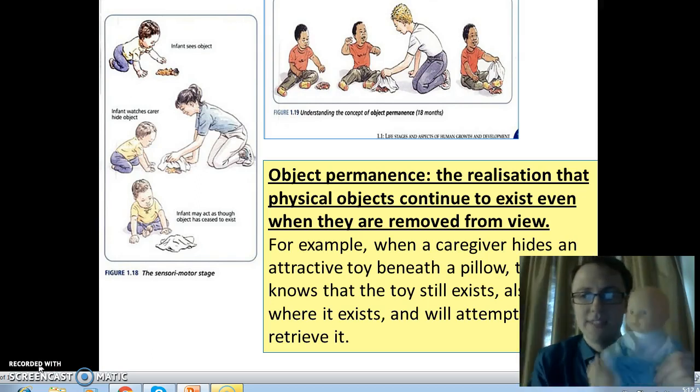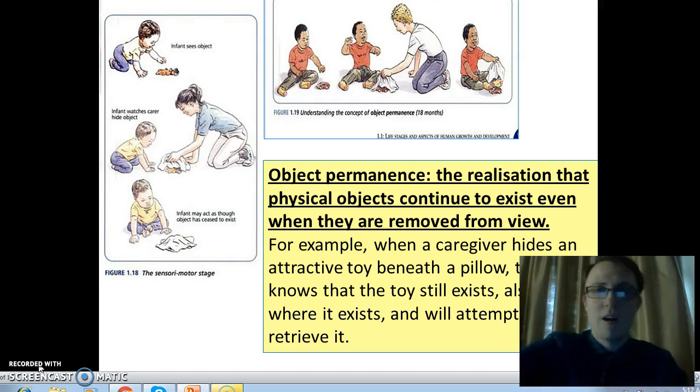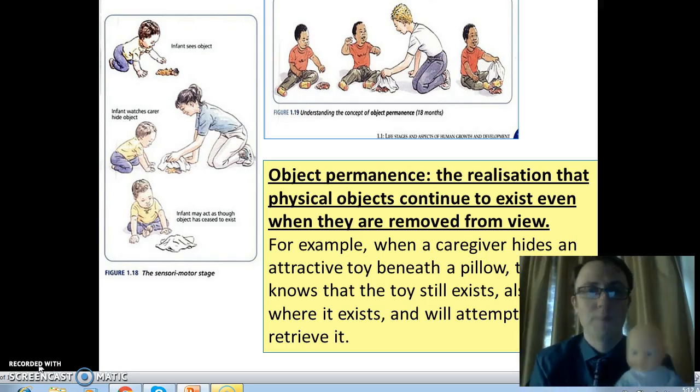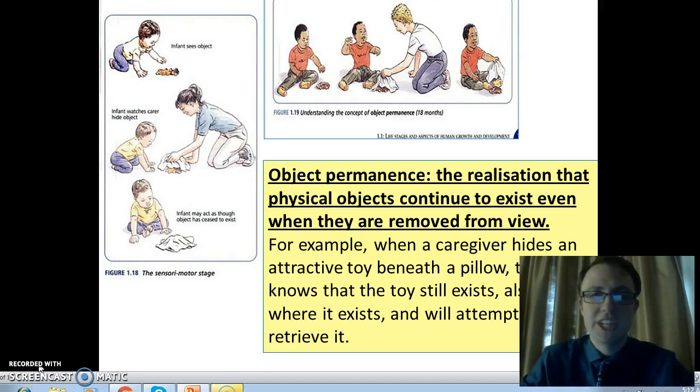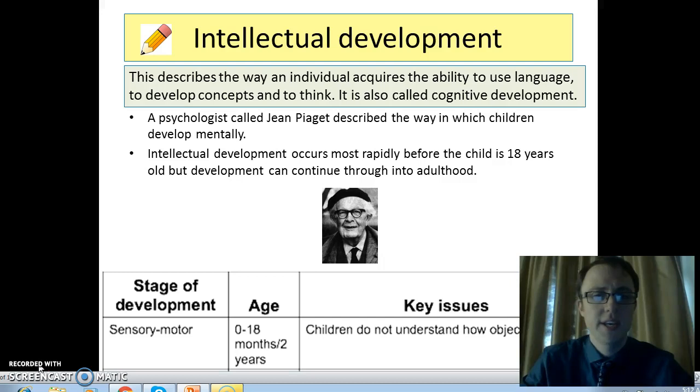It now knows that if it sees an object go behind another object, it can look and find that object behind the place it saw it go. That's object permanence: the realization that physical objects continue to exist even when they are removed from view. This is during the sensory motor stage. During this stage, infants are very egocentric. That means they think they are all that exists and everything else revolves around them.